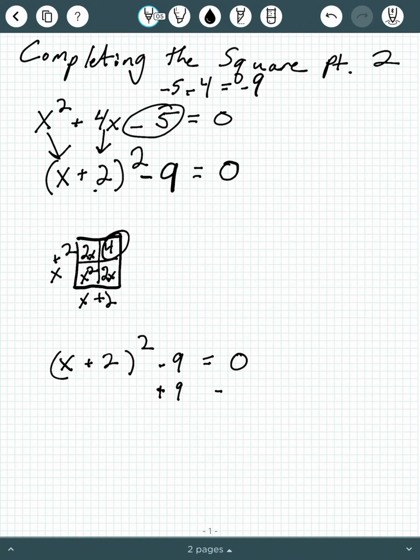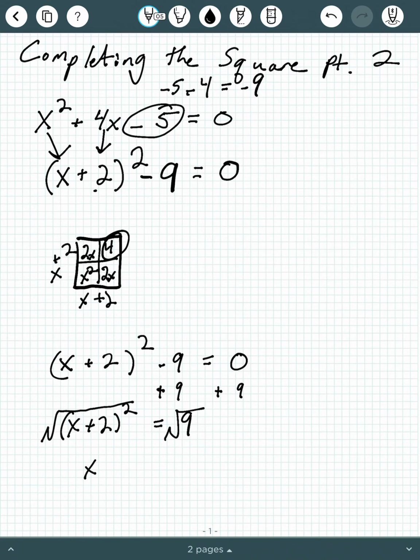I can now add 9 to each side. So I have x plus 2 squared is equal to 9. And now I'm looking at undoing squaring something, so I take the square root.